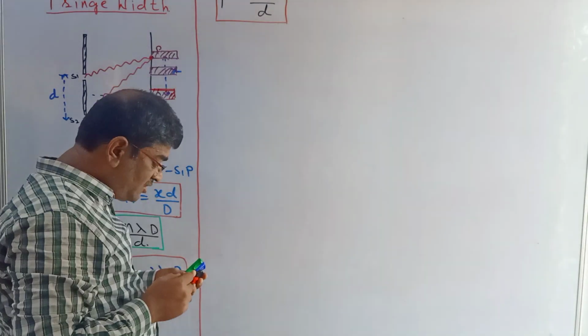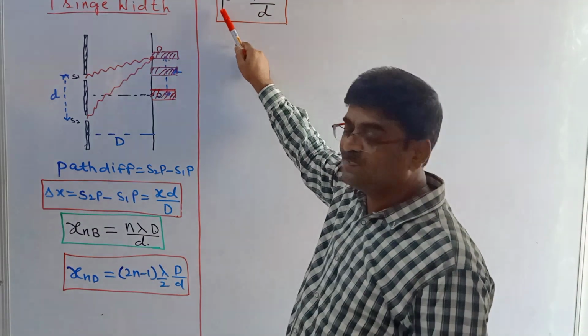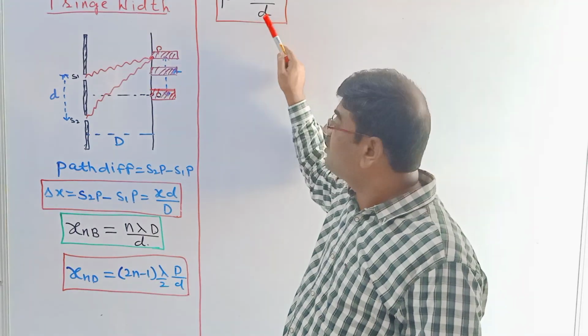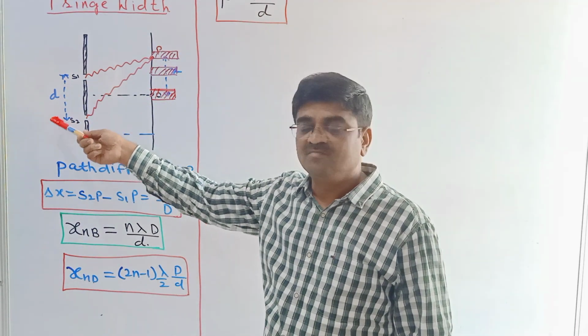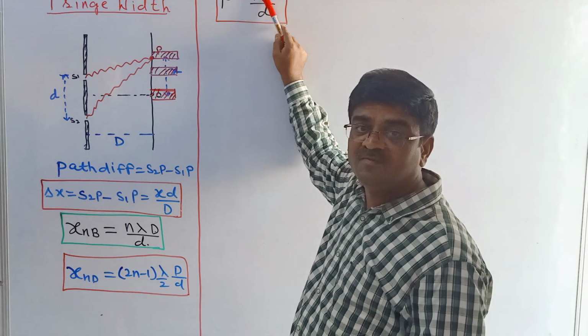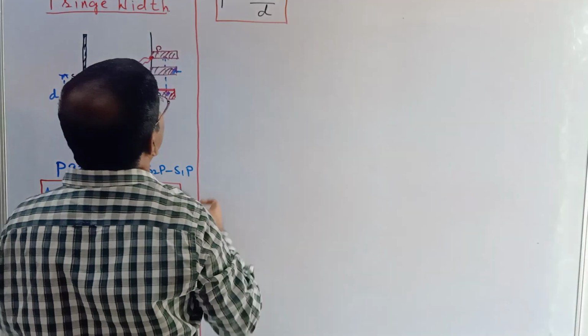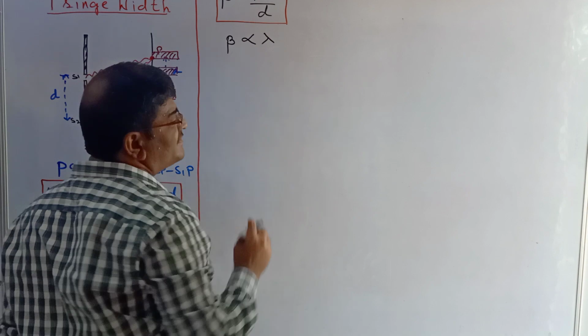I can see clearly from that expression, fringe width depends on some basic parameters. I have got light used as a monochromatic light, you can see. More the wavelength of that monochromatic light, so I can mention that fringe width is directly proportional to wavelength.